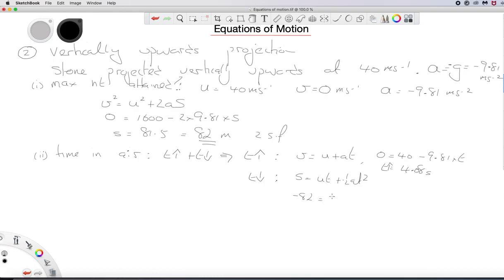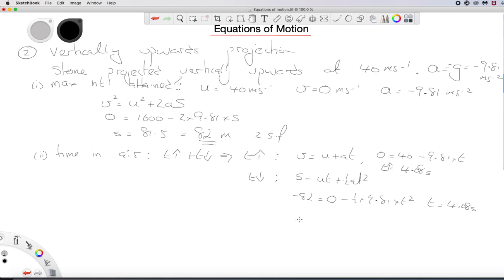U, of course, starts off at 0 at the top, minus a half by 9.81 times t squared. And that then gives us a t of 4.08 seconds, which is no coincidence.